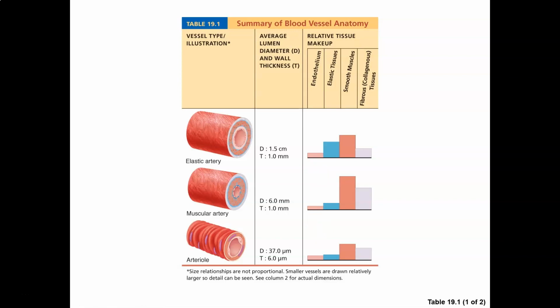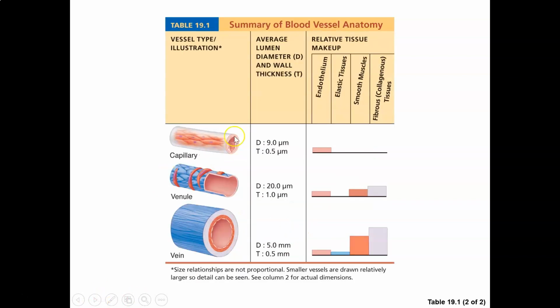While the amount of elastic tissue and smooth muscle and collagenous tissues on the outside may change, that amount of endothelial tissue on the inner layer remains constant. So there's your big fat elastic arteries, muscular arteries, the smaller arterioles. Go down to the capillary where we just have that endothelium, and then venules and veins.